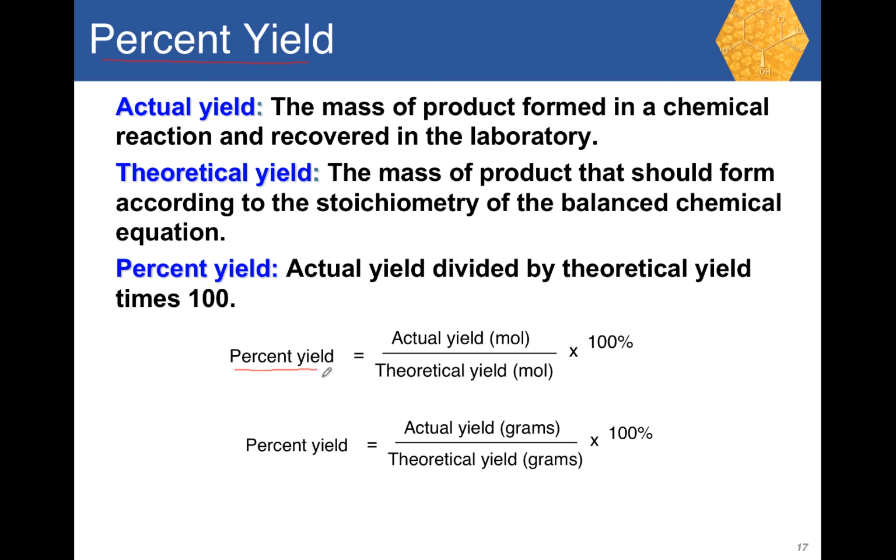So here's the equation. Percent yield is equal to the actual yield. That's what you actually isolated. So you did the experiment and you actually isolated that yield, divided by the theoretical yield. The theoretical yield is what you predicted it should have been based on the stoichiometry.